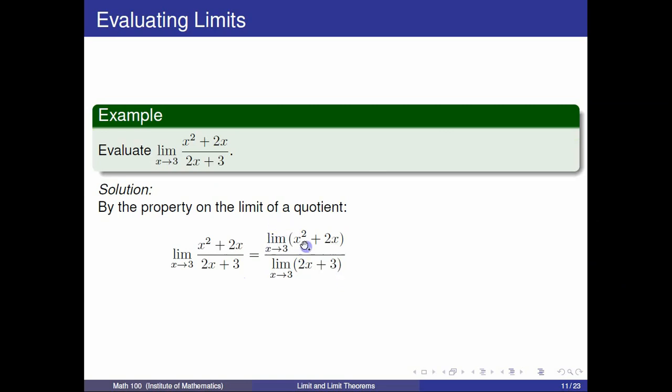Kapag nag-i-evaluate ng limit ng polynomial function, what do? We just substitute. So, you just let x be 3 here and let x be 3 here. You'll have sa taas 3 squared plus 2 times 3. So, you have 2 times 3 plus 3. If you simplify, you'll get 15 over 9. And in lowest terms, that is 5 over 3. Okay?